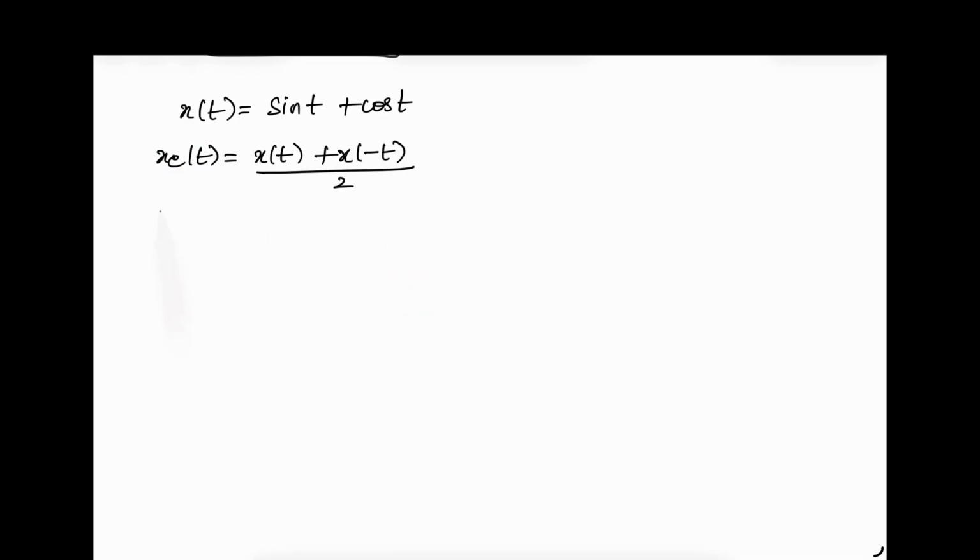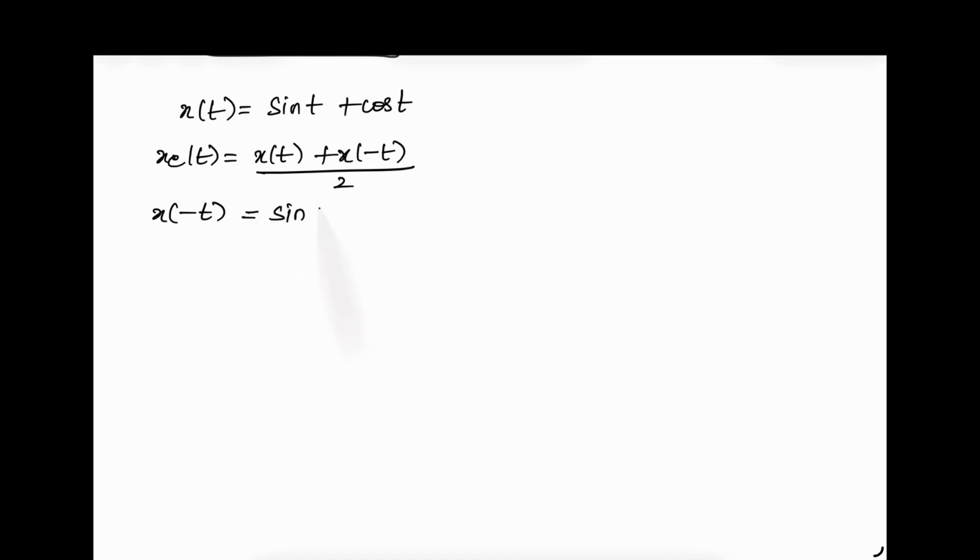Okay, now let's move on to the next problem. X of t is equal to sin t plus cos t. So this is also repeatedly asked question in even and odd parts. So what is x even of t? X of t plus x of minus t divided by 2. So let us find x of minus t.